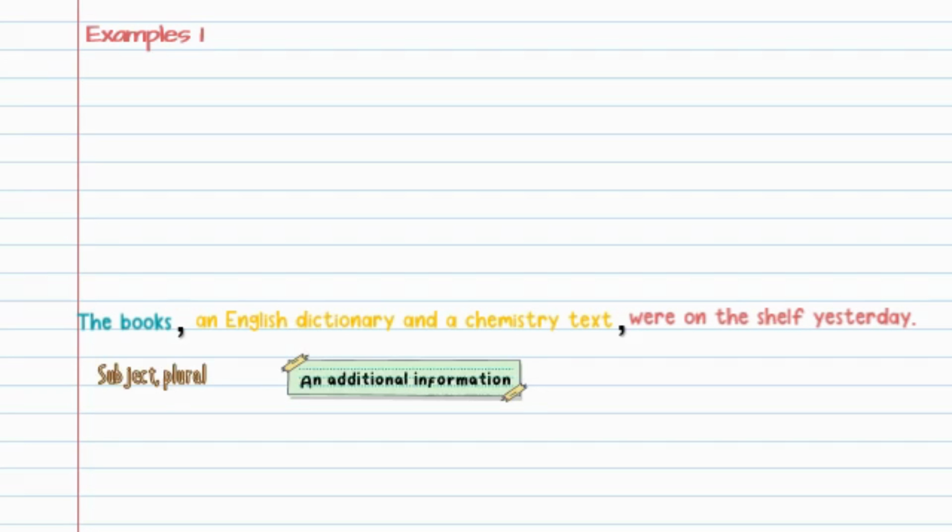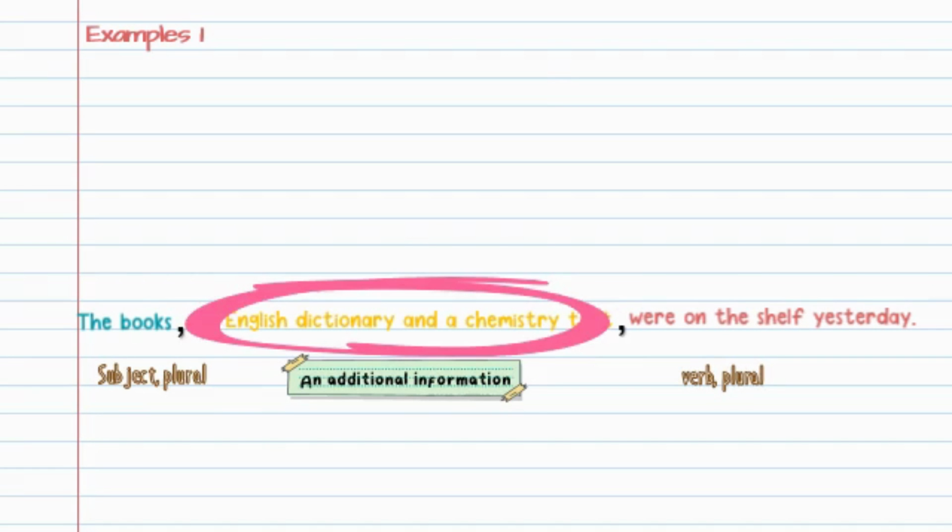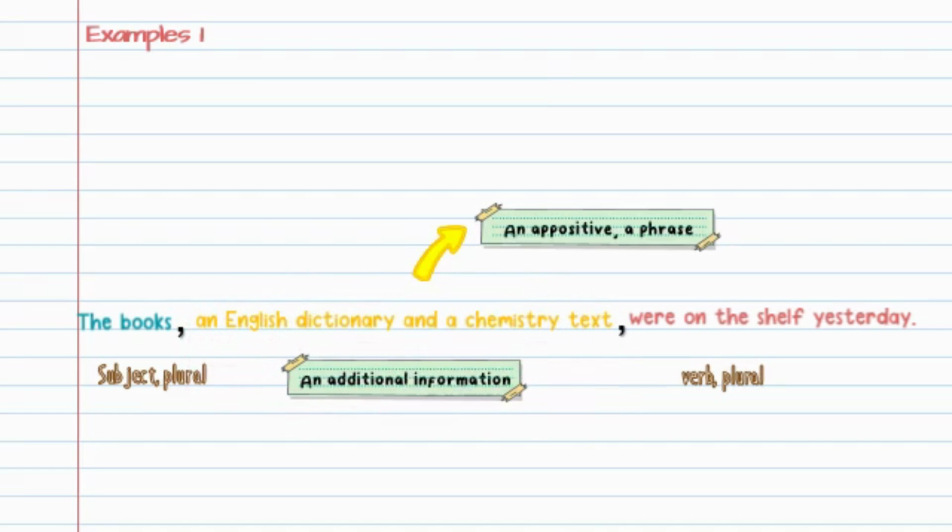Following the rules of subject and verb agreement, the books, the subject, is plural. Of course, the verb is also plural, were. And an English dictionary and a chemistry text is the appositive. It is a phrase.